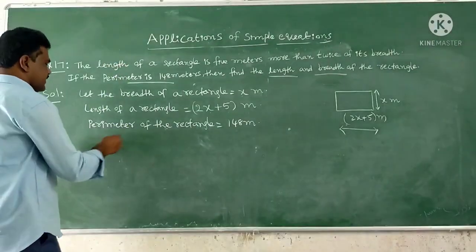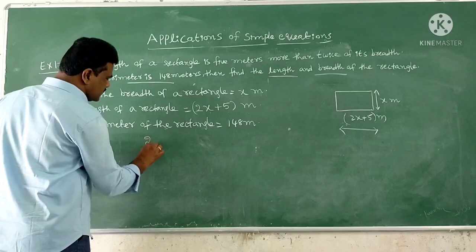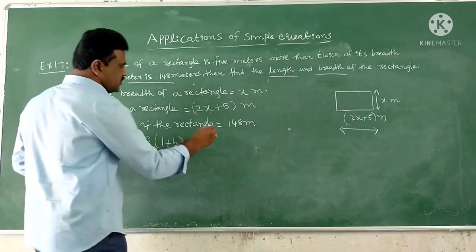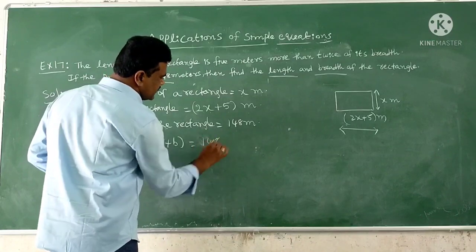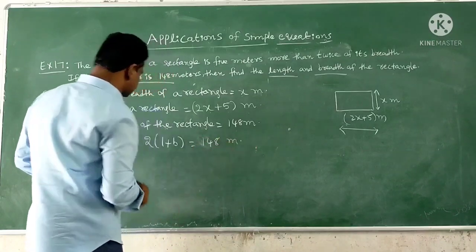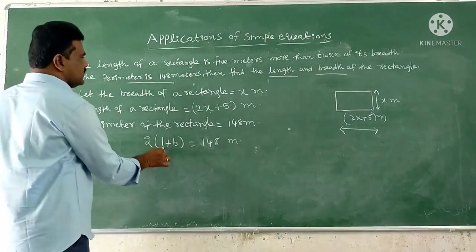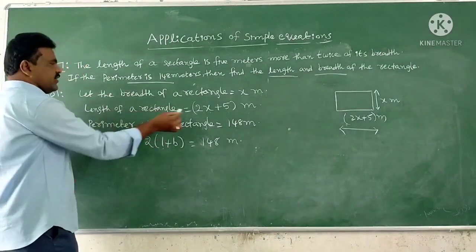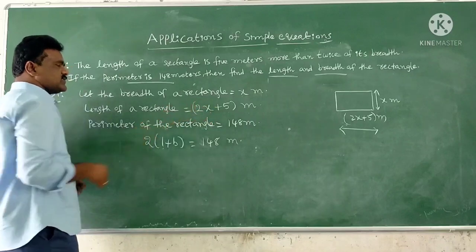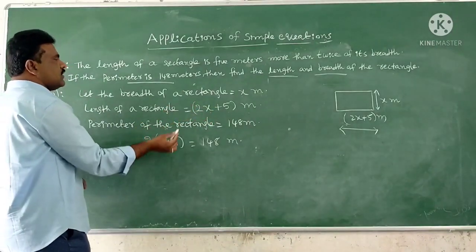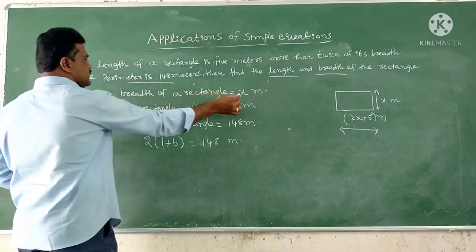Perimeter of the rectangle is 2 into (L plus B) is equal to 148 meters. Here, L is the length, 2x plus 5 meters. Breadth is x meters.